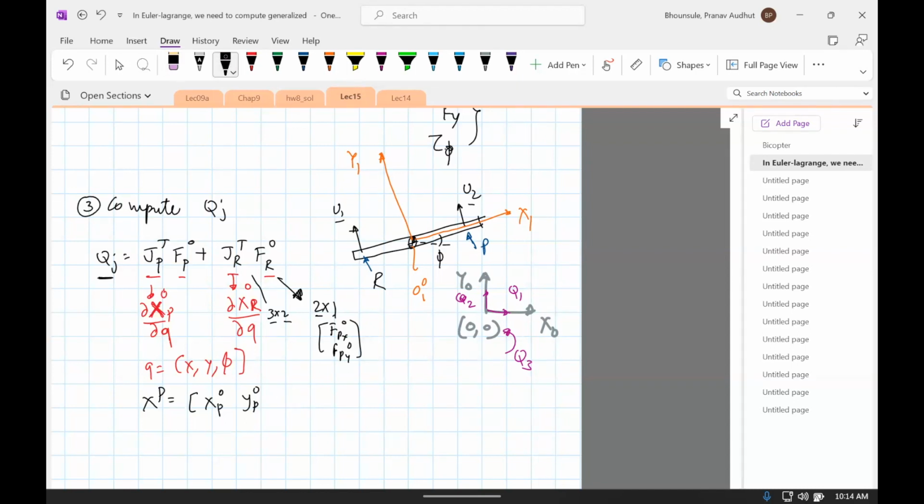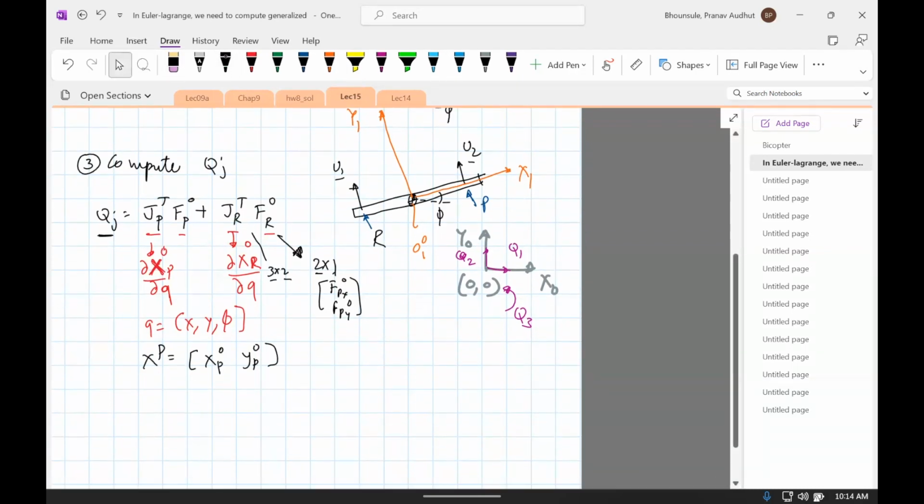So my bad, this should just be xp, yp. And same for xr0, yr0. Okay, so this is just me thinking aloud what I need to do. Now is the process of just computing these 4 things. Okay, so let's do that.